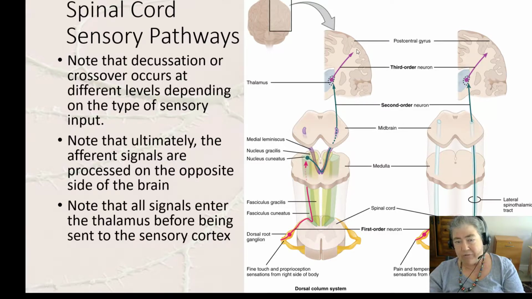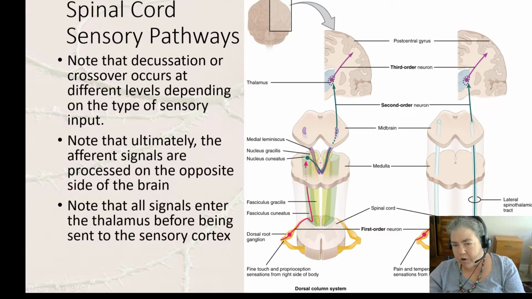The pain and temperature sensation from the right side of the body, the synapse is close to the level where it enters, not always at the same level, but within a level or two. So in the gray matter of the spinal cord, in a dorsal segment, dorsal horn, I think it's called, of the spinal cord.